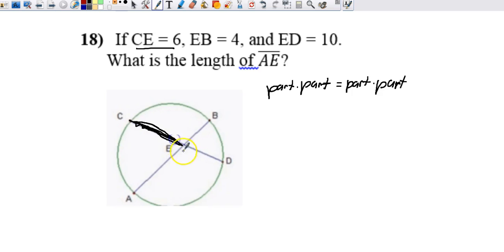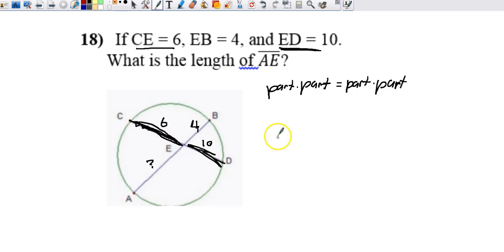So CE and ED would be the first two parts. So these two right here, it'll be 6 times 10. And then this EB is 4. We just don't know what AE is, okay?